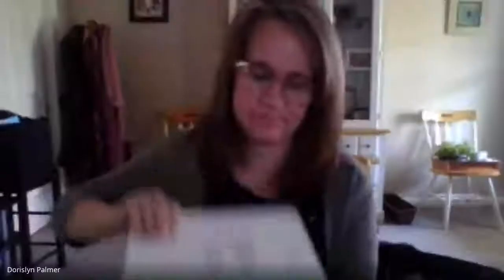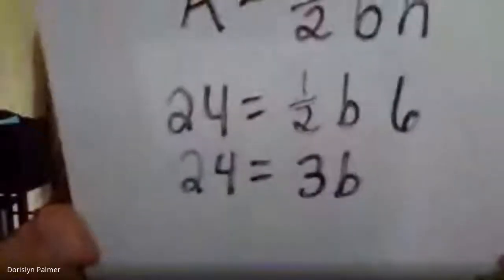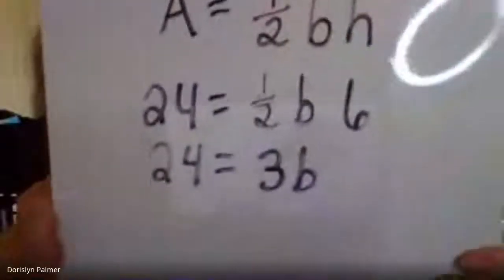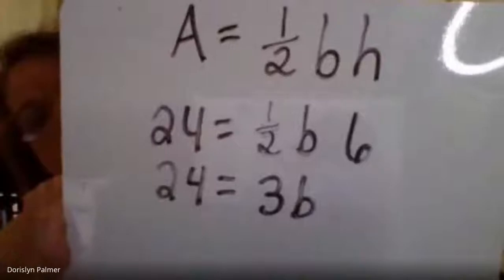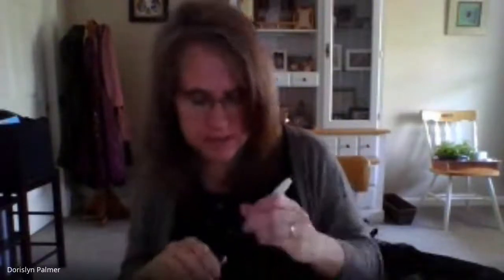Oh, 3. All right. So our next line, we have 24 equals 3B. Write that down. You guys have pencil? Divide by 3 on both sides using your algebra. Woo! And B equals 8. And we have to give it a label, inches.